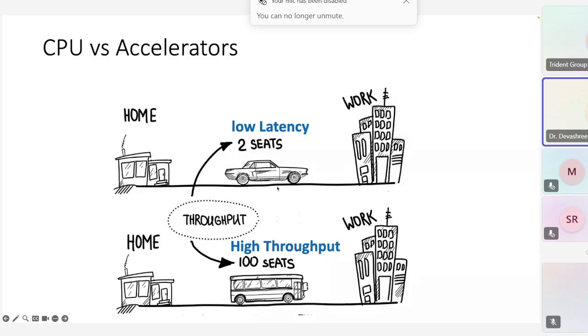The throughput is the number of passengers that I'm carrying in a given unit of time. The throughput of the car is 2 and the throughput of the bus is 100. In this example, the bus is basically the GPU and the car is basically the CPU.